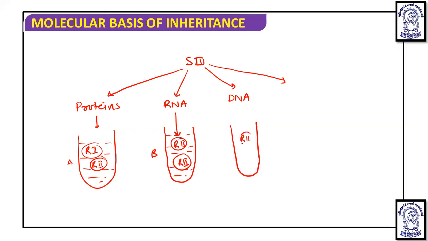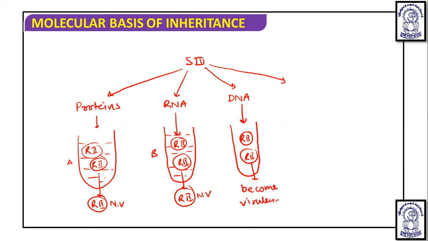In another tube they took R2 bacteria and added DNA. In the protein tube the R2 remained R2, and in the RNA tube also the R2 remained R2, meaning non-virulent. But here, R2 became virulent when injected into the mice. So R2 became S3, or we can say R2 became virulent.